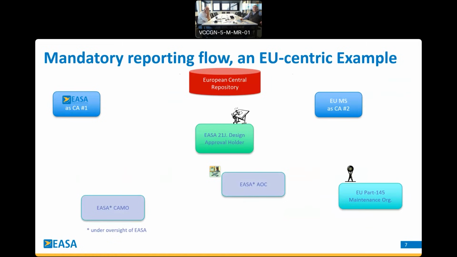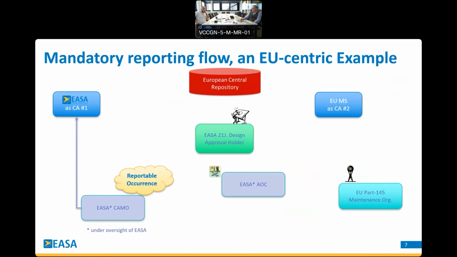So let's take an example. If the EASA CAMO has a reportable occurrence, and this occurrence is strictly limited to the SMS of the CAMO, it might simply report to its competent authority, i.e. EASA. Now, if this occurrence is not only about the SMS, or at least is not limited to the frame of its own organization, but is a technical one, for example, it will have different report flows to send to various parties.